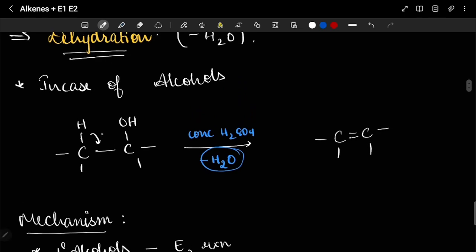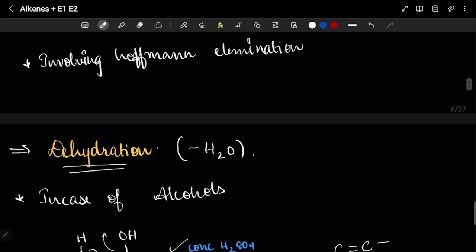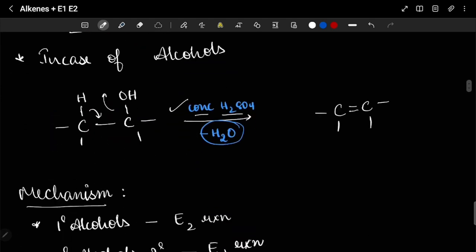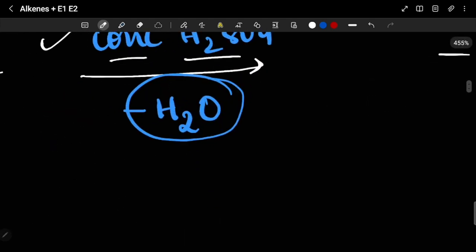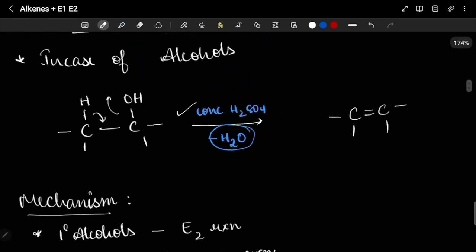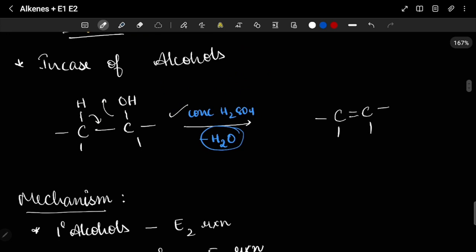Simply, hydrogen gives electrons, so it leaves as H plus, and then OH takes electrons and goes as OH minus. So H2O is released, that is removal of H2O. Here the reagent is concentrated H2SO4, and then alkene is formed.